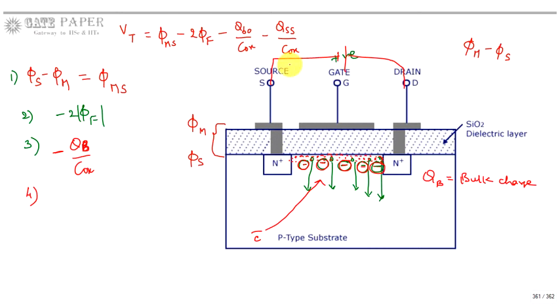QSS is the undesired positive charge present in the interface between oxide and bulk silicon. QSS is called the surface state charge. At the interface between silicon dioxide and the surface of the substrate, there is an undesired positive charge.